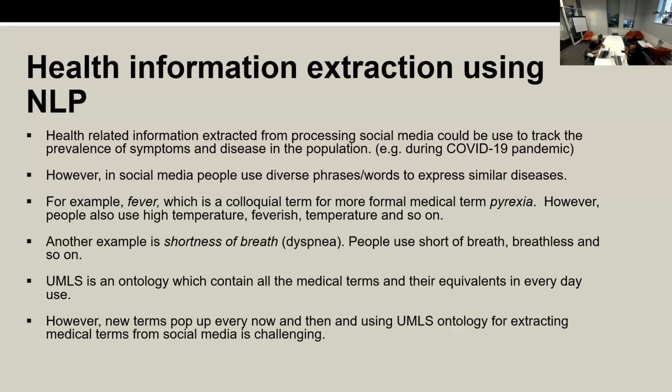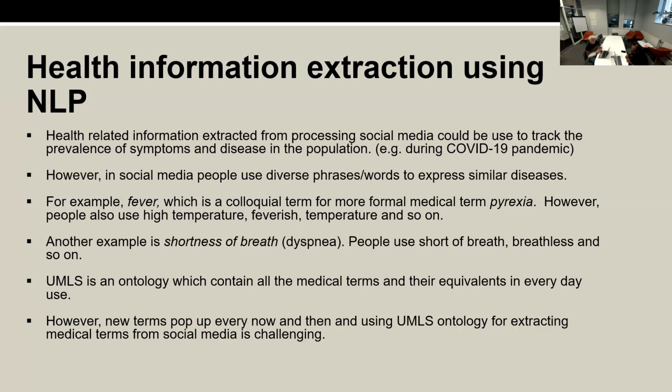So we have the UMLS ontology already for extracting these kinds of symptoms from the text, but UMLS is not fit for the purpose because people invent new terms, and when those terms are incorporated into UMLS, it takes 2 to 3 years.